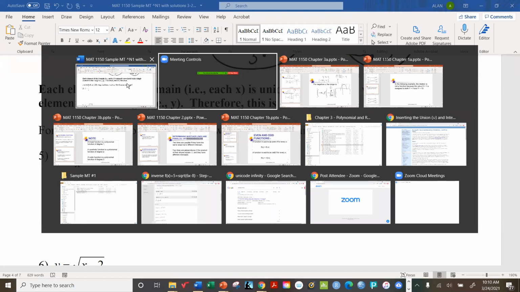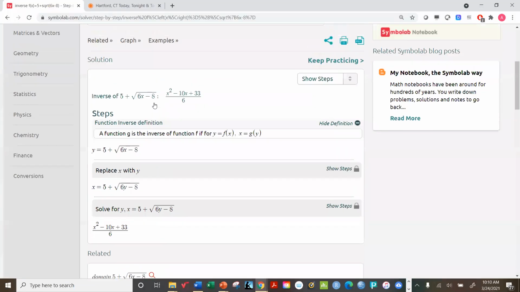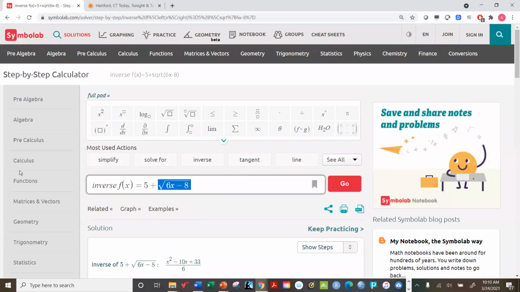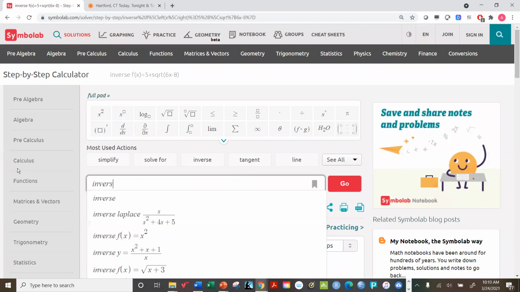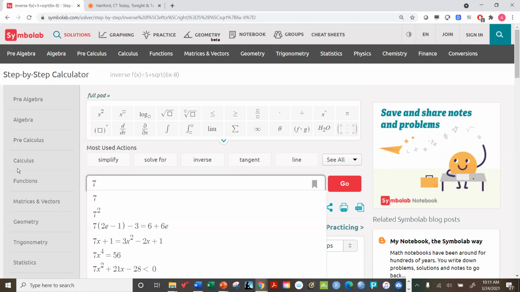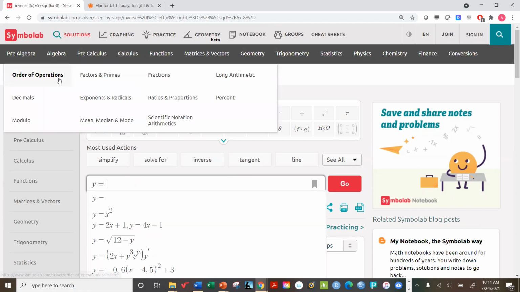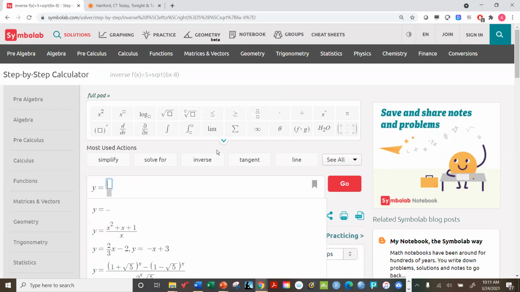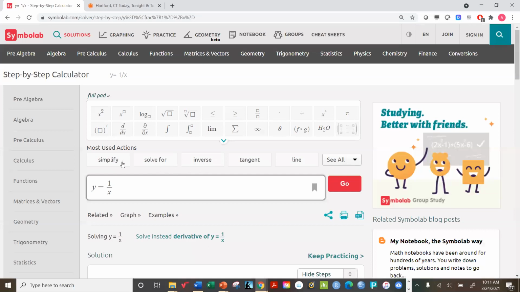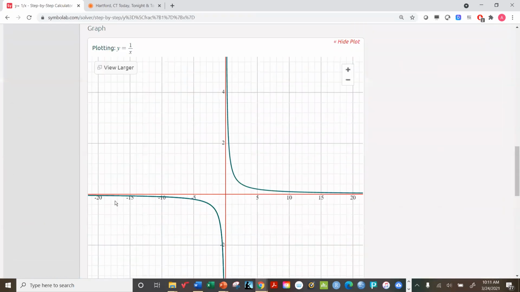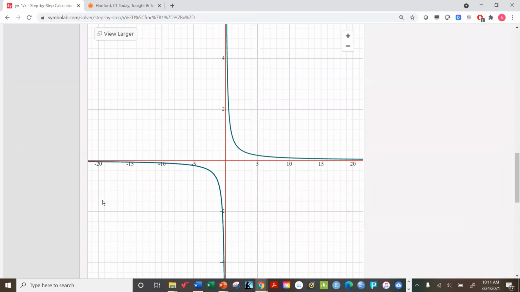So let's see, here we are. This is a very simple one. We're just looking at y equals 1 over x. Yes, so you can plainly see two things. Number one, the function will never quite touch the horizontal axis. In fact, it even shows you here, this is the horizontal asymptote.